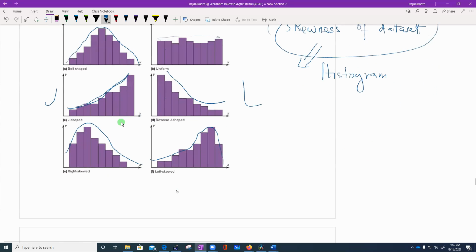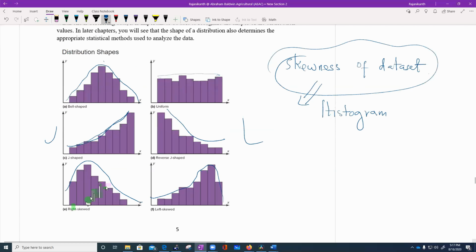So suppose you are asked to describe the skewness of your raw data set. First of all, you need to draw a histogram. Once you have the histogram picture, by looking at it you can easily identify what kind of distribution you have for the raw data. In most cases we will have either right skewed or left skewed.